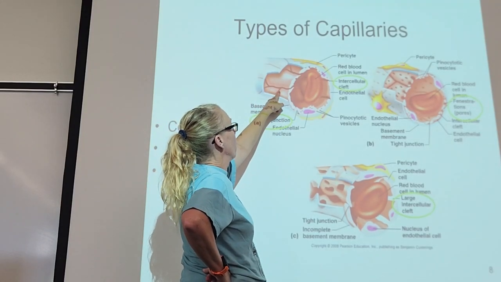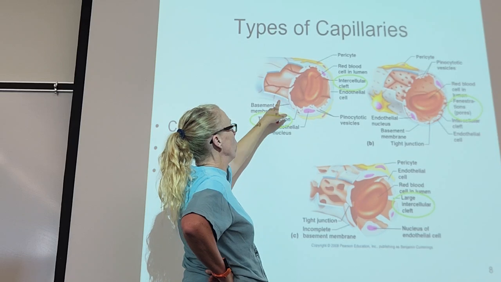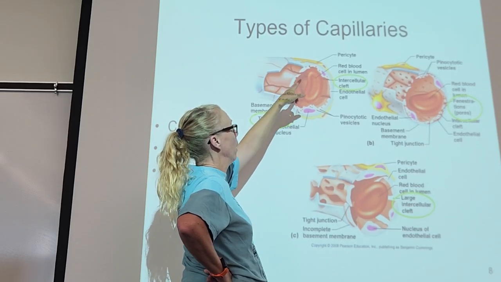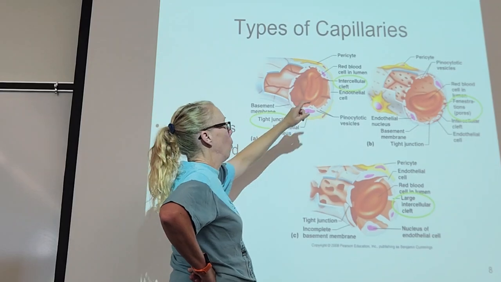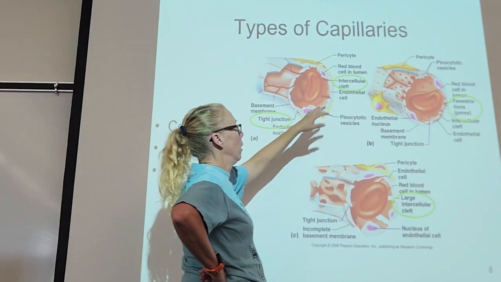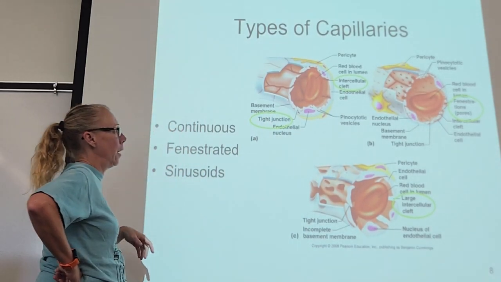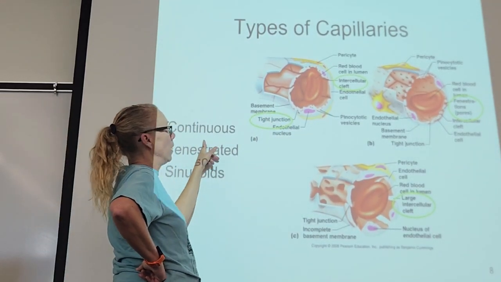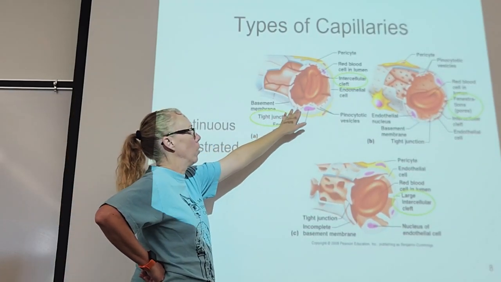You see a single layer of endothelial cells, simple squamous epithelial tissue. You've got a layer of connective tissue on the outside. There's a pericyte there maintaining the organ, and you've got one single red blood cell in there flowing by. You've got little clefts in here, which are little openings, okay? But continuous capillaries have what are called tight junctions.